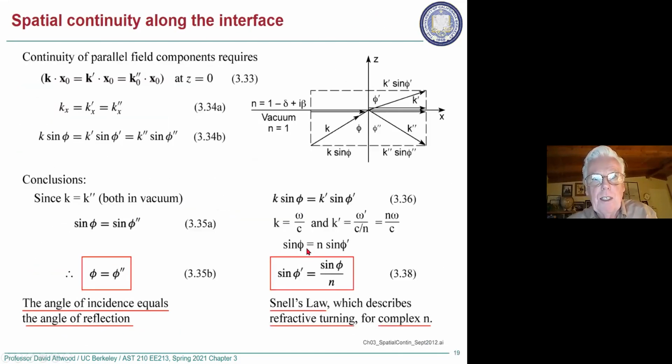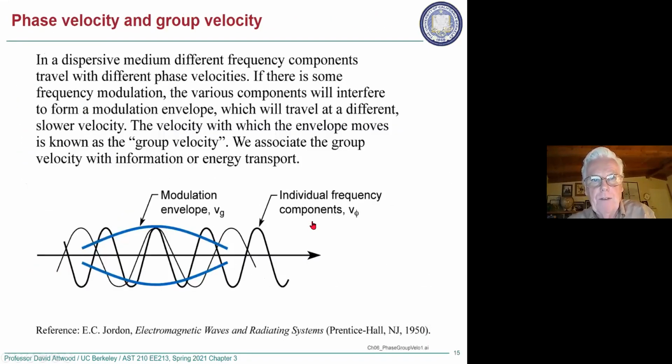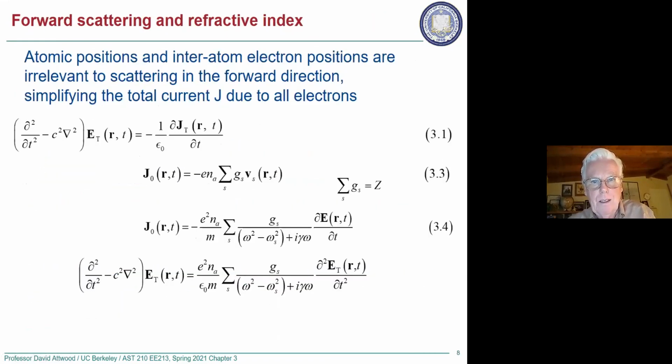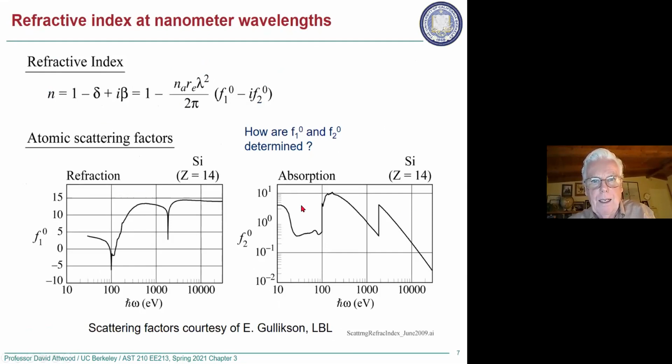There was a question last time, and I saved the answer for now, but I forgot to say what it was. Yeah. So here we see that the real part of the refractive index is proportional to F1 of 0. Okay. And somebody asked last time, what about the fact that F1 can go negative?